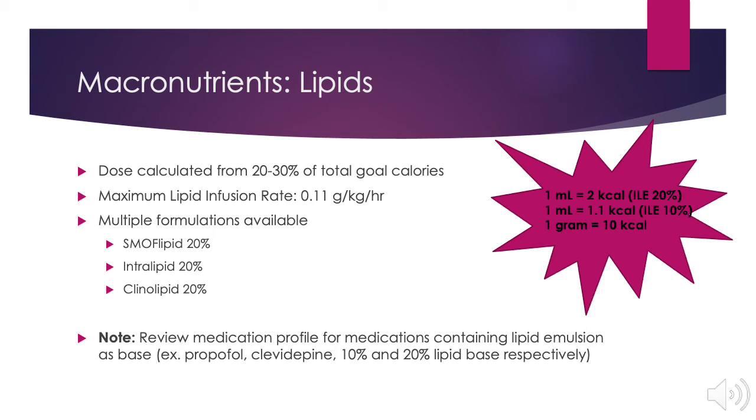Every 1 gram of IV lipid emulsion provided delivers 10 kilocalories. And unlike oral fat calories, where 1 gram delivers 9 kilocalories, the slight difference here between IV lipid emulsion and oral fat is to account for the 1 additional kilocalorie coming from glycerol, which is an emulsifier added to IV lipid emulsions.